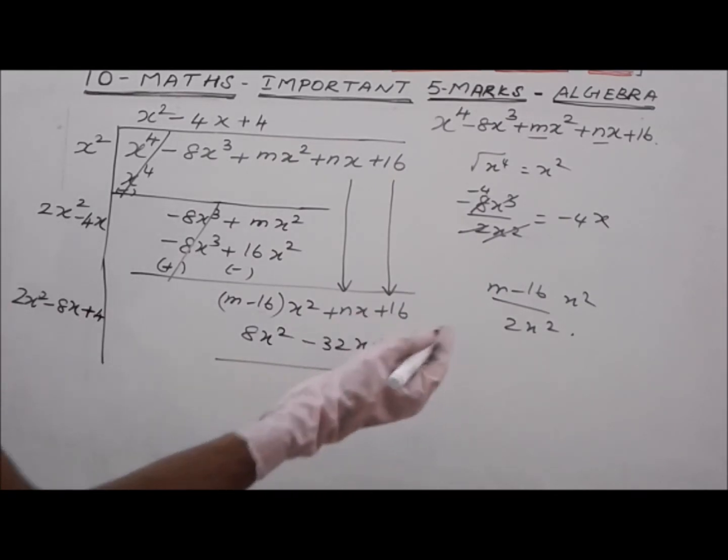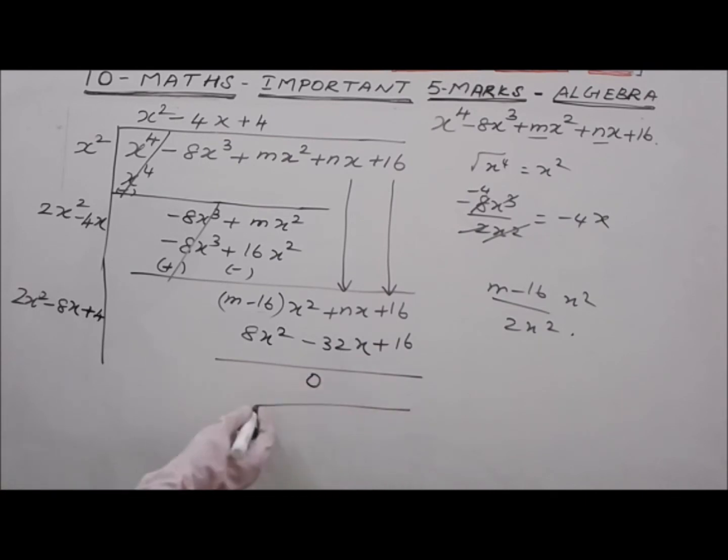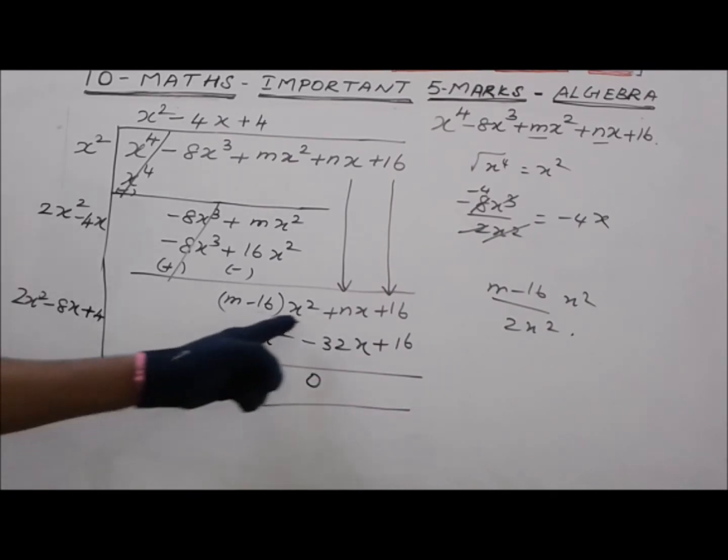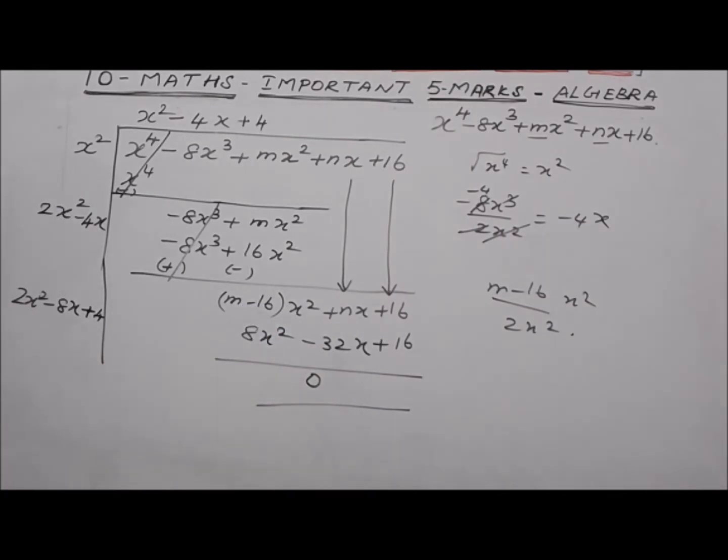Now the given polynomial is a perfect square, so the remainder is equal to 0. Now equating the coefficients, we will find the values of m and n.